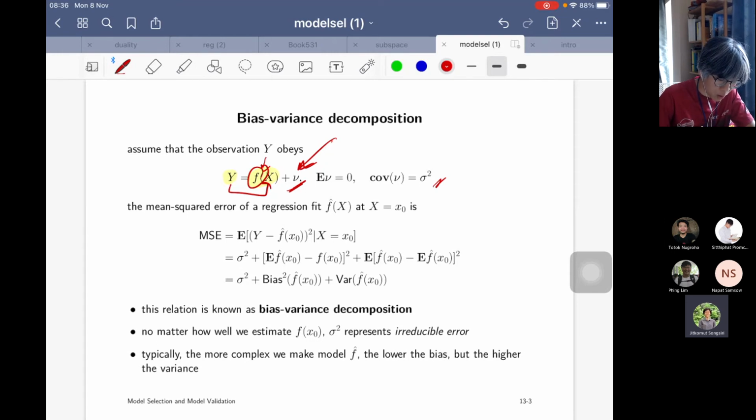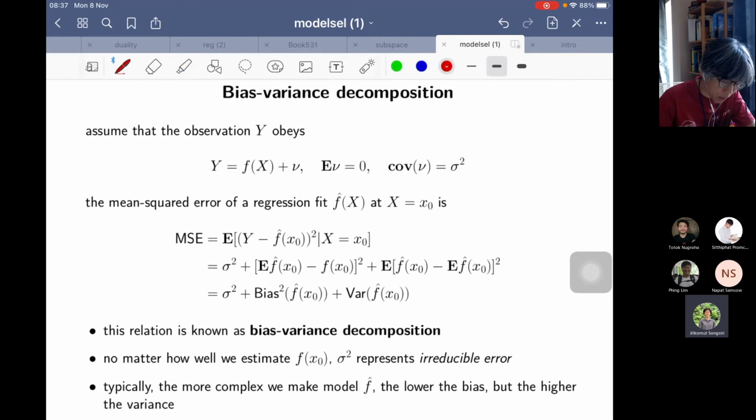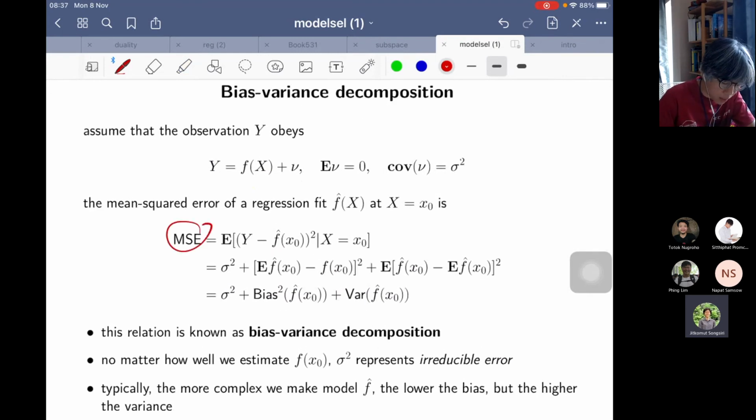If you take a look at the last equation, you will see that the MSE can be decomposed into three parts. This is the MSE when we perform a regression model. What we want to do is propose f hat.